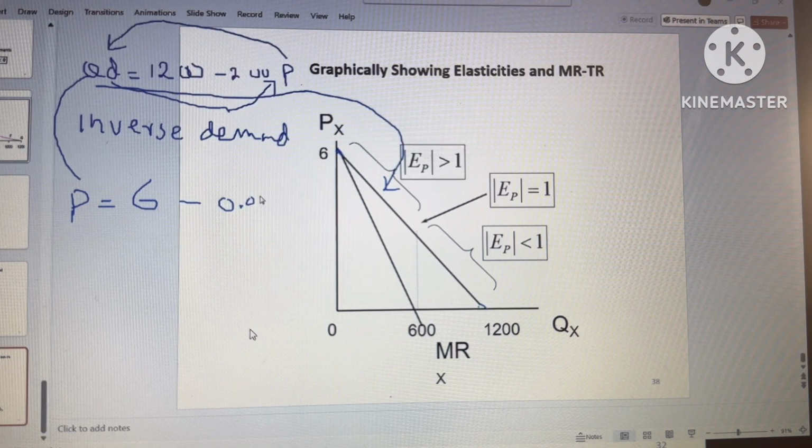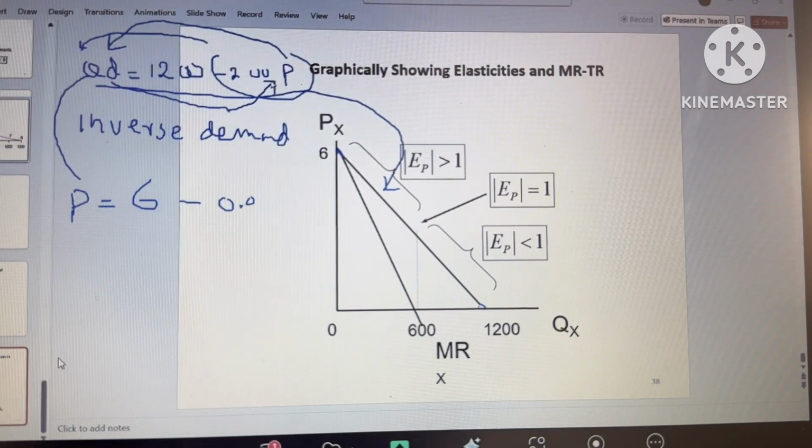Think it again. Calculate it again. Because on both sides, you bring this minus 200 to the left hand side and send this Q to the right hand side and divide both sides by 200, not 6.